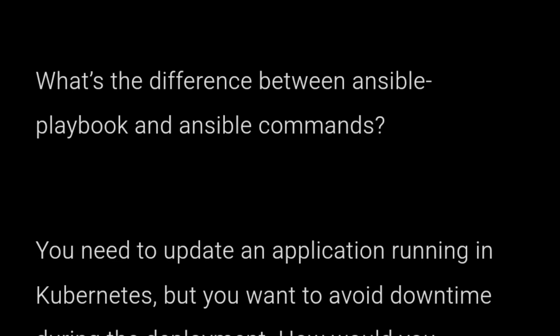The next question was, what is the difference between Ansible playbook and Ansible commands? Generally, Ansible commands are for quick, one-time tasks, such as checking a system update or modifying a single file. But an Ansible playbook is used when you need a structured automated process, such as deploying infrastructure or configuring multiple servers at a time. We use YAML with a sequence of steps that are performed automatically, and no manual intervention is required in between.